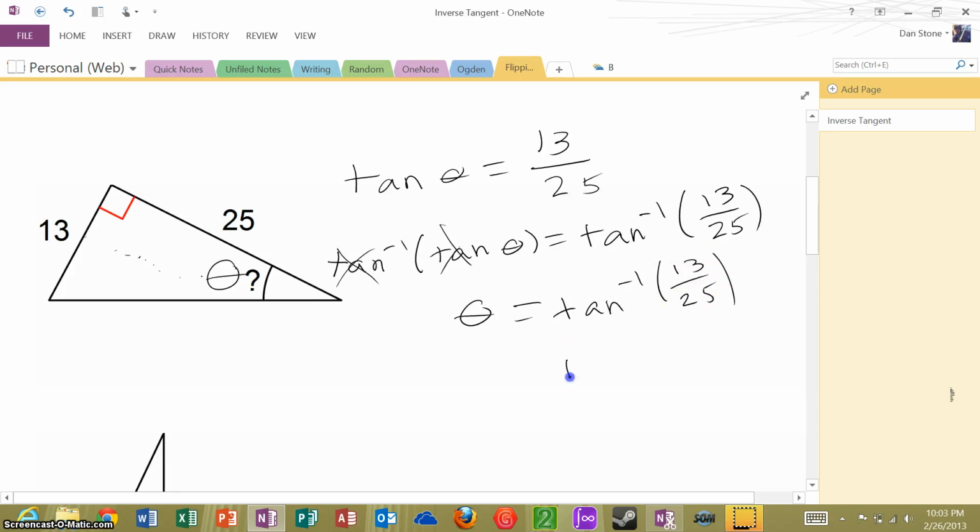It'll look a little bit different because we don't get any vertical fraction there. Hit enter. What's left, you'll have theta equals, in this case, let's go to the nearest hundredth, 27.47. And this is degrees.